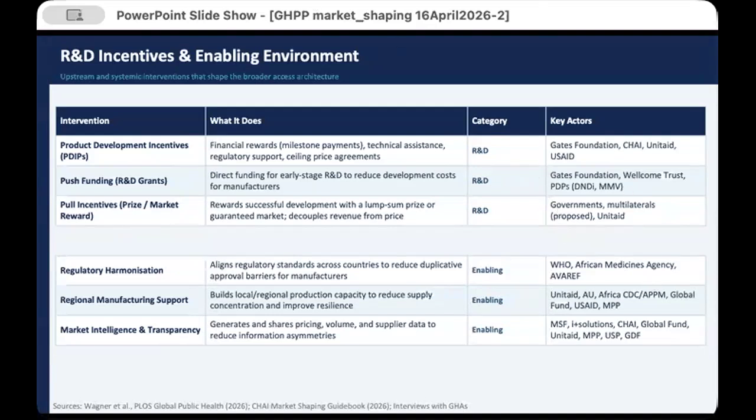Regulatory harmonization is critical, and you know of the efforts underway, especially at the regional level. Regional manufacturing support, I'm not going to go too much into this, but I do have one slide in the extra slides that goes through what some of the different actors are doing and what's missing. And then on the R&D side, market intel and transparency are very important in terms of generating R&D capacity. Next.